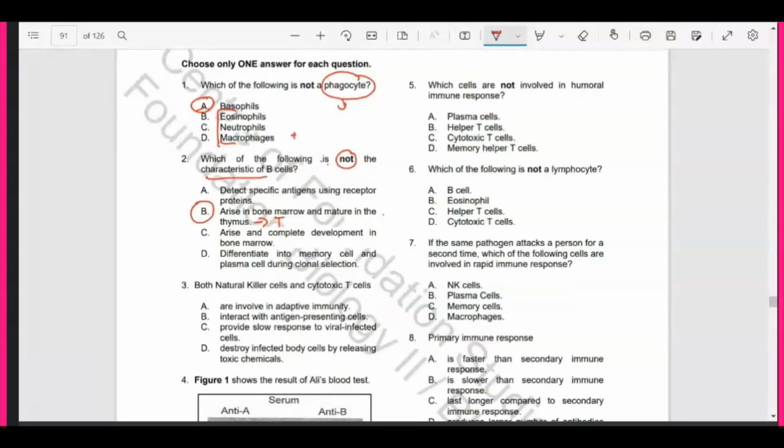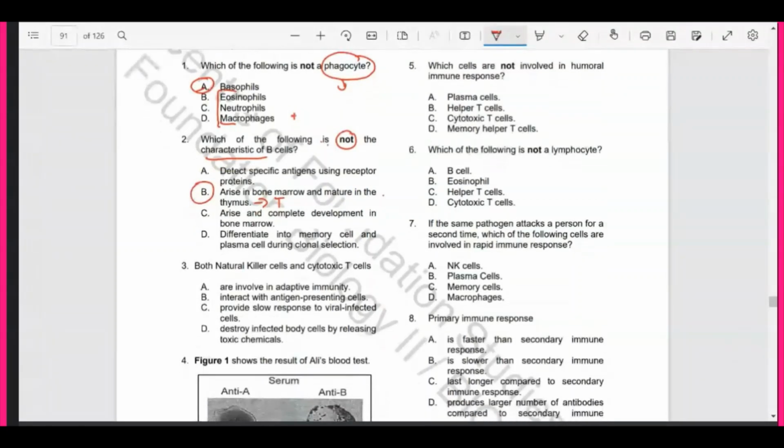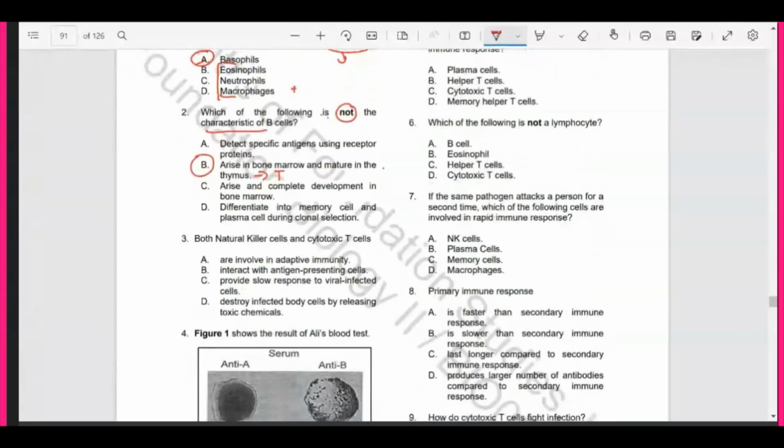The white blood cells are produced and arise from the bone marrow, the B cell and the T cell, but the T cell matures in the thymus. Tapi kalau B cell, it matures and completes development in the bone marrow. So statements A, C and D explain the characteristics of B cells.